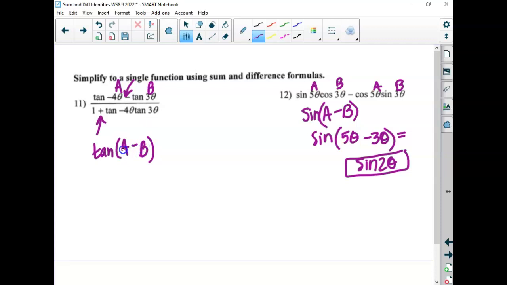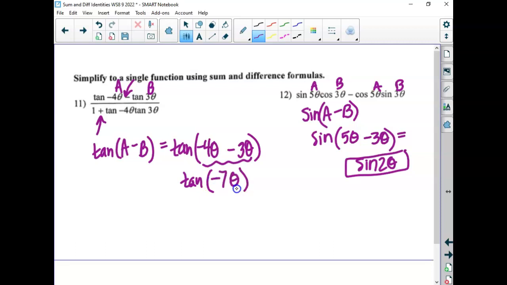All right, so A is negative 4 theta minus B is 3 theta. So we get this to simplify down to what? Negative 7 theta. Everybody okay?